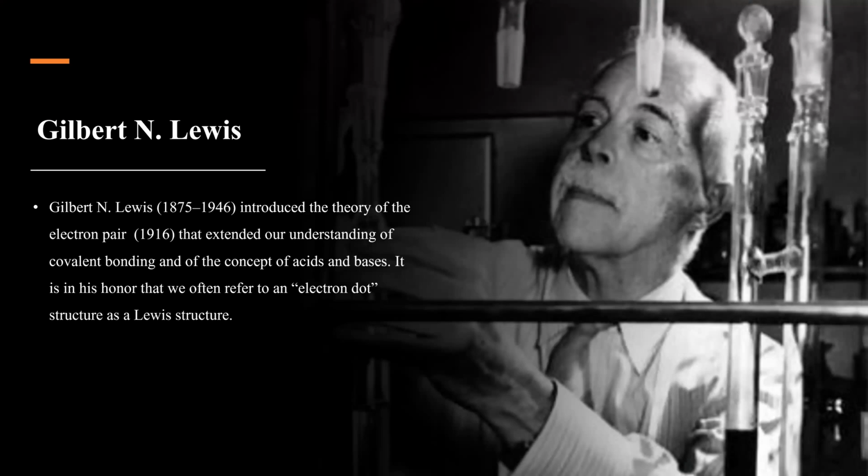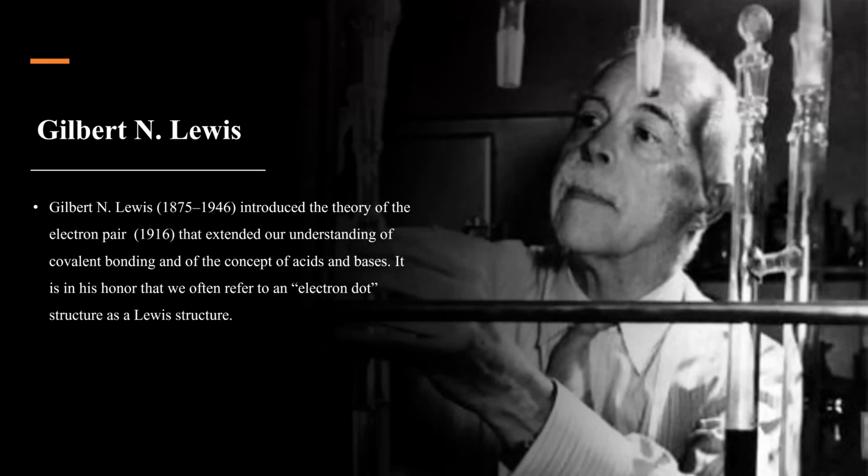Firstly, before going into the detail of how we can draw the Lewis structure, it is important that you get familiar with the person who proposed that theory. The chemist Gilbert N. Lewis, from 1875 to 1946, introduced the theory of the electron pair.